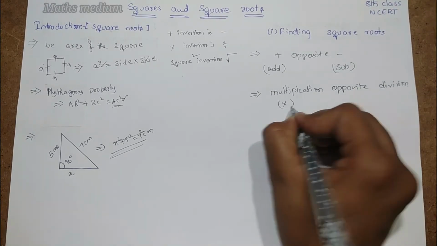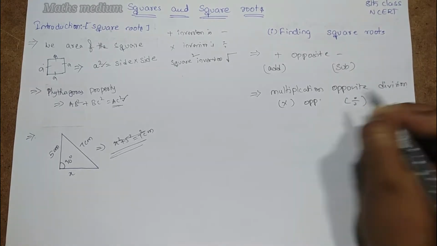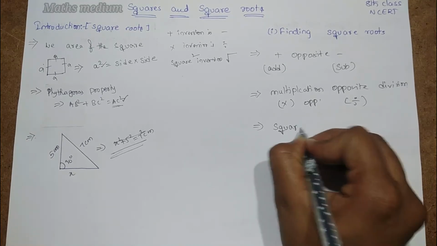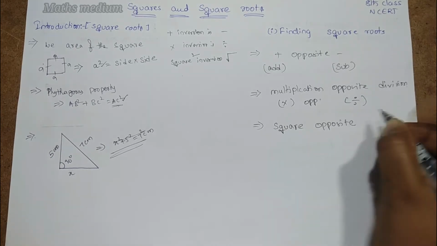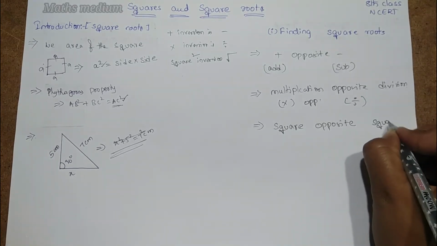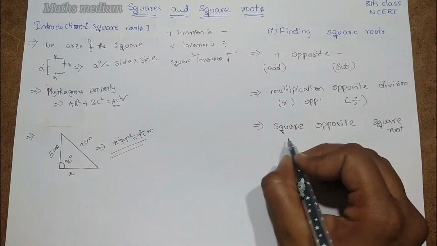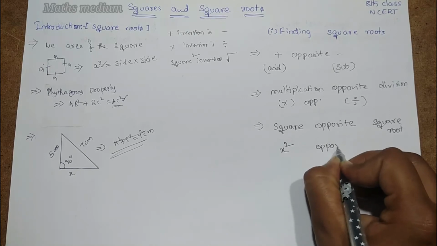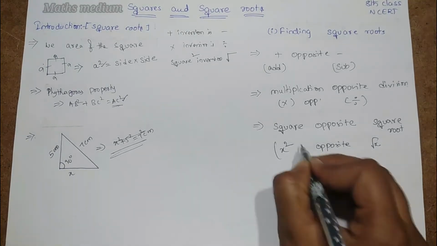Vice versa again. Here square is opposite to the square root. Representing like x square is opposite to the root over x, like this.